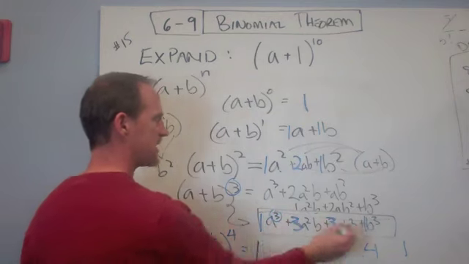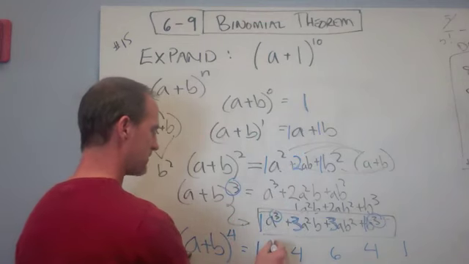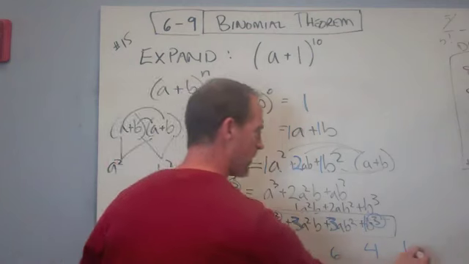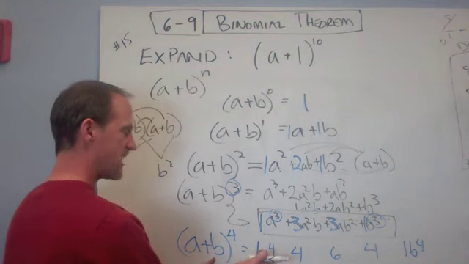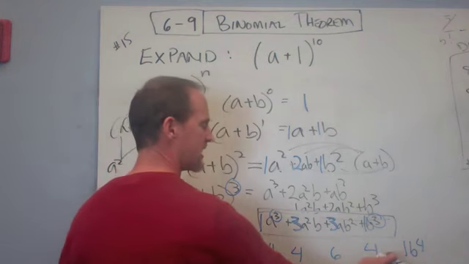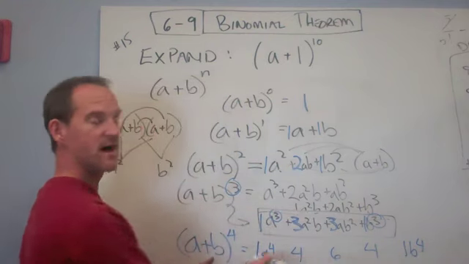It always starts and ends with that exponent, so it's going to be 1a to the fourth. It's going to end with 1b to the fourth. And then in between, the a's go down by 1 notch in the exponent each time, and the b's go down by 1 notch going in the other direction.